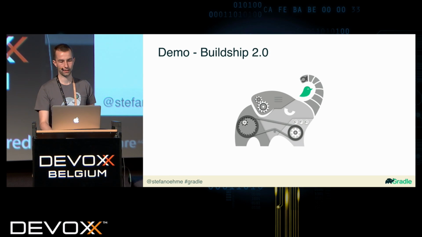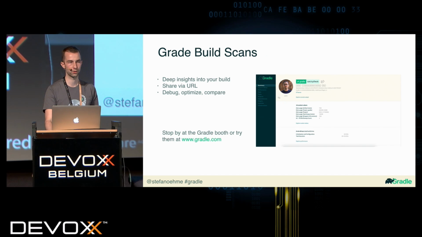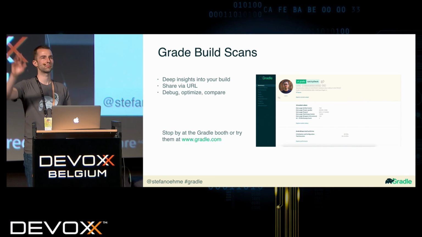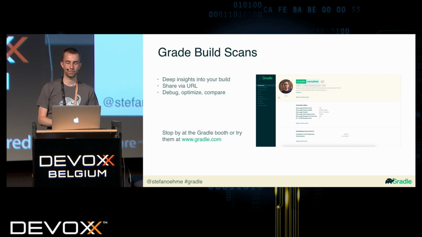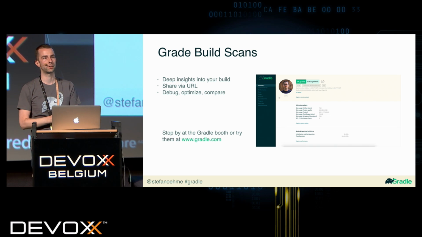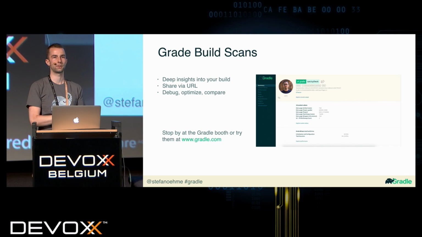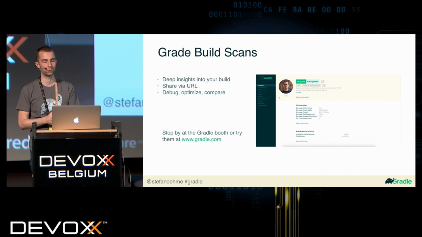All right, and the other thing that I mentioned is build scan support. So who of you has heard of build scans already? All right, so build scans are a way for you to get more insight into your build, and this is why it's really important for us to also support that for composites.